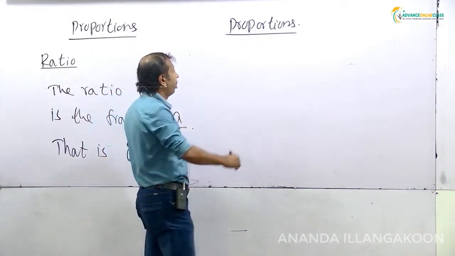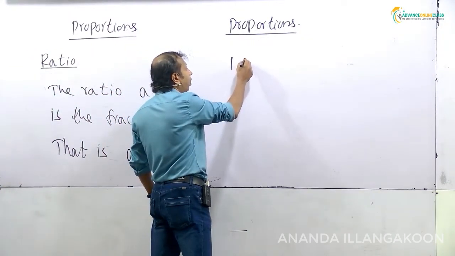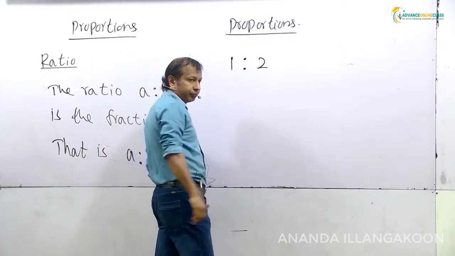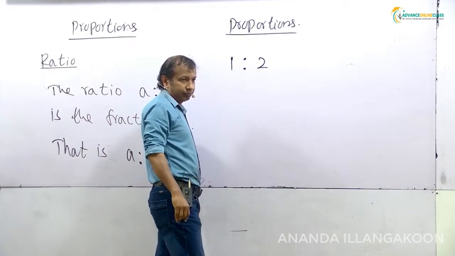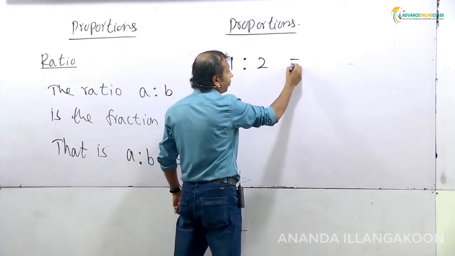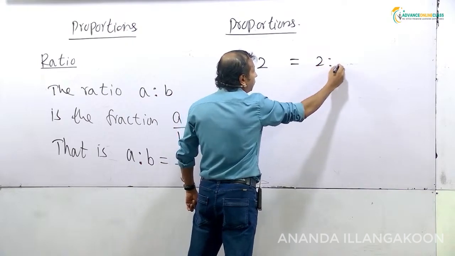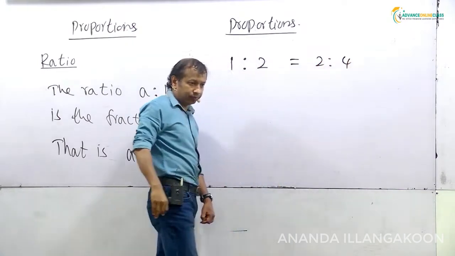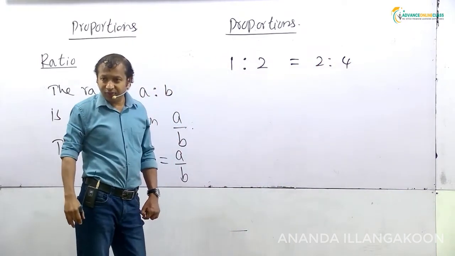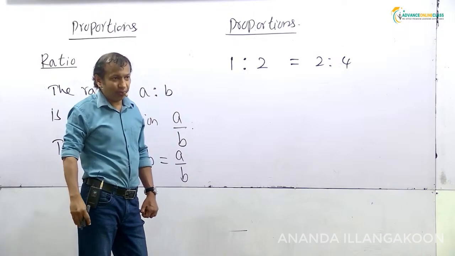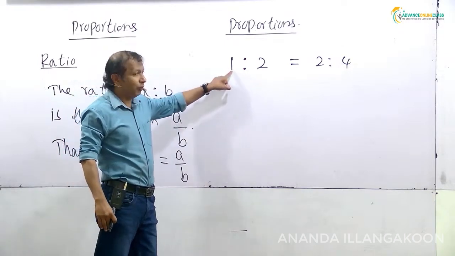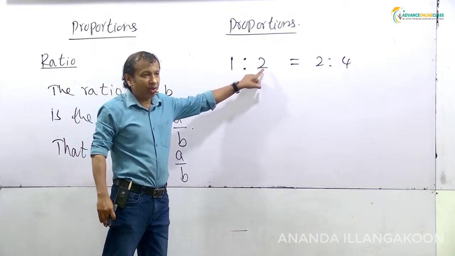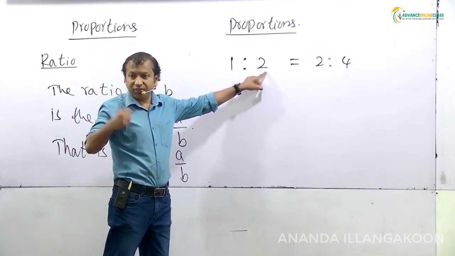You know, 1:2, same as what? 2:4. Same thing, no? Yes, same ratio. When you eat one bun, your friend eats 2 buns.